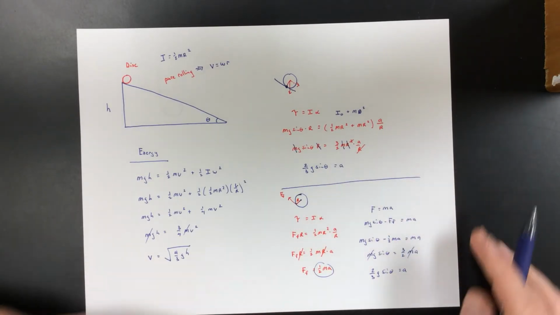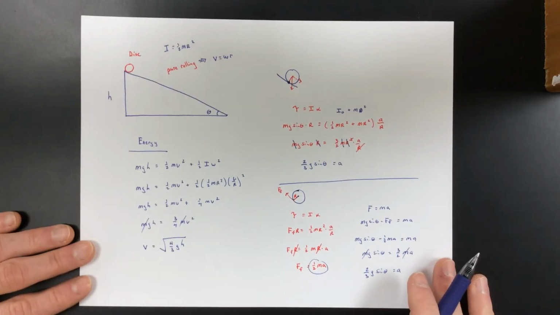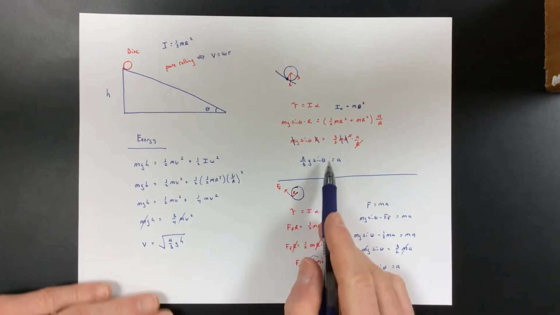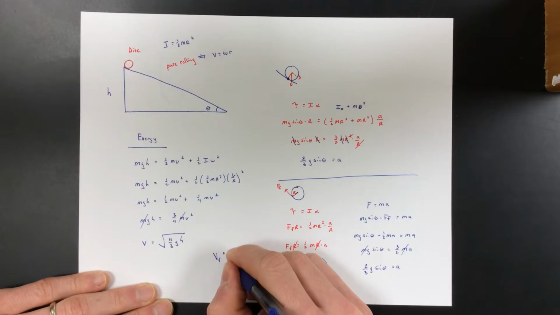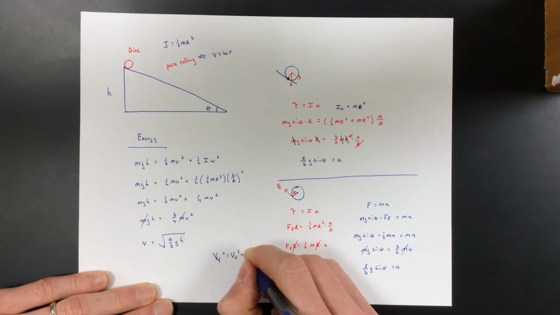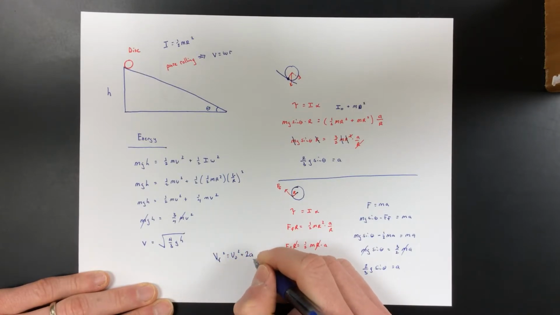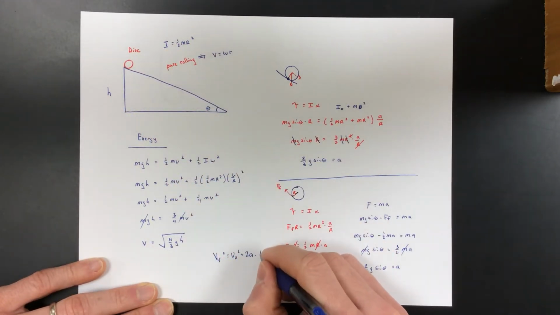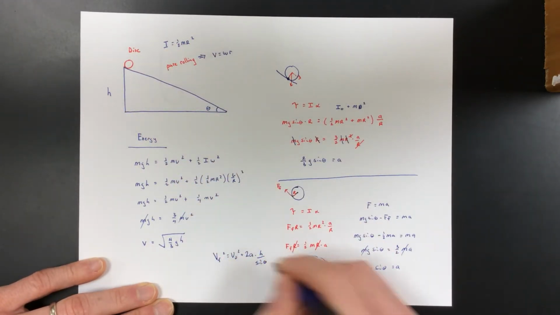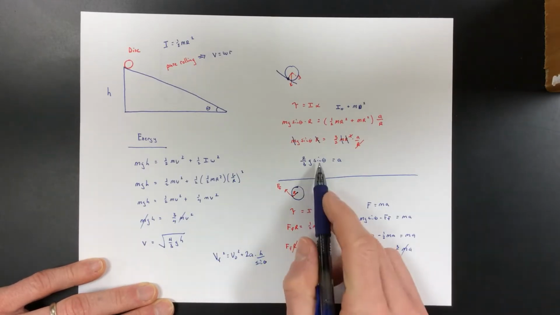So regardless of your choice of pivot, the acceleration is the same, and again, you can verify that those are actually the same value if you want to look at the v squared equation. And the distance here would be h over sine theta. And again, you can verify that this is equivalent to that.